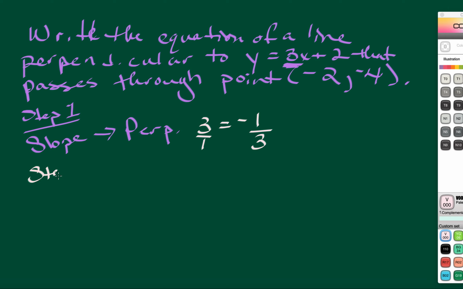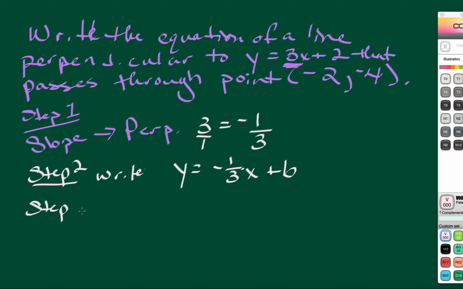Step 2, start to write the equation. Y equals, we have our new slope, x plus b. Now, step 3, input coordinate pair. And that just means input this for x, input this for y.